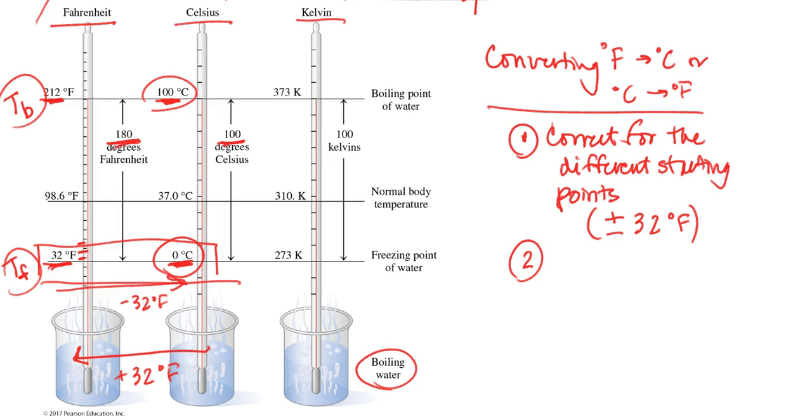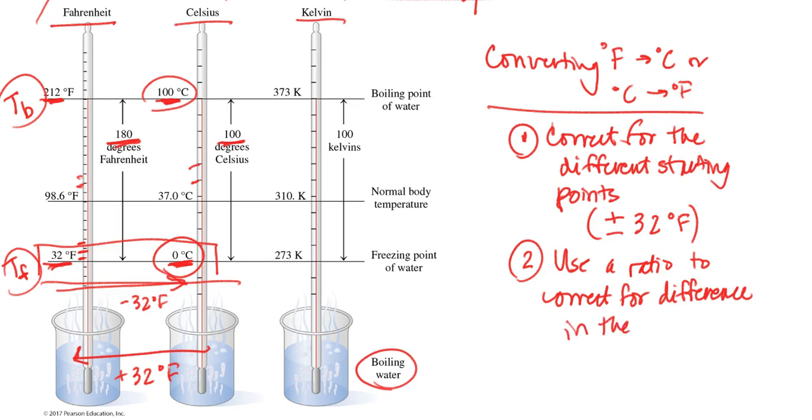And so in order for us to correct for the difference in the size of the degree for each temperature scale, we're going to have to use a ratio to correct for the difference in the size of the degree.